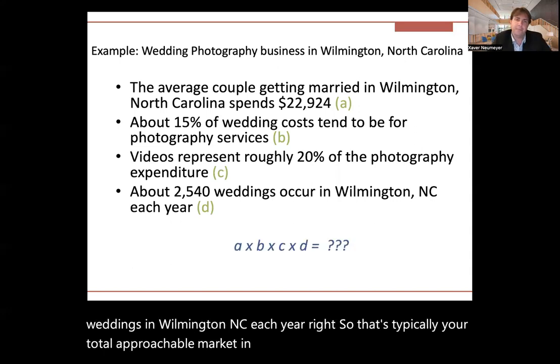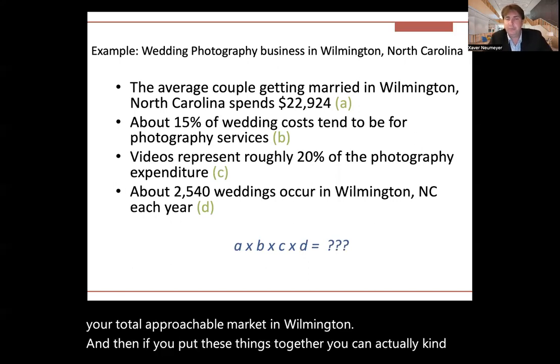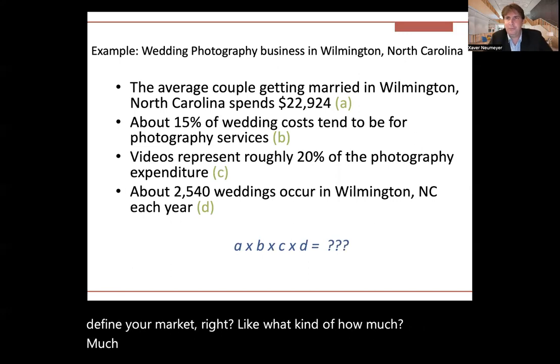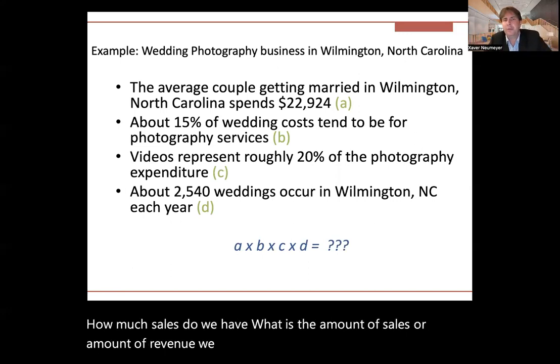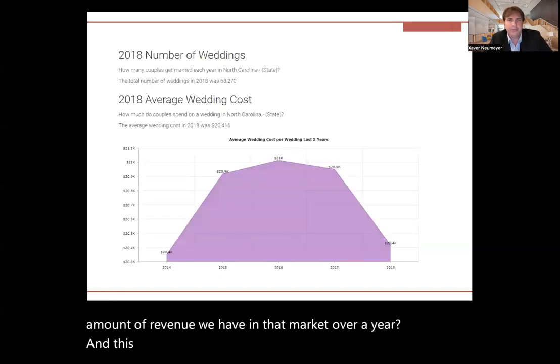And if you put these things together, you can define your market: how much sales or revenue do we have in that market over a year? You can look all this up online.